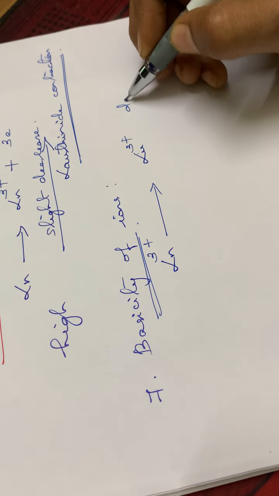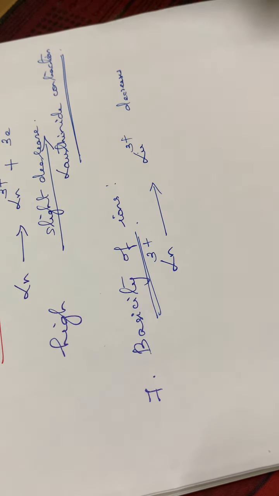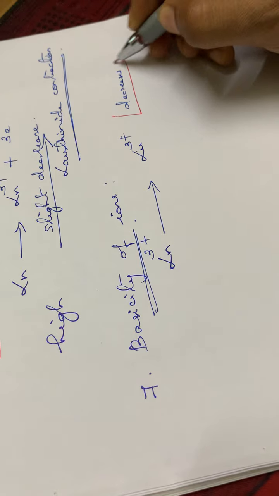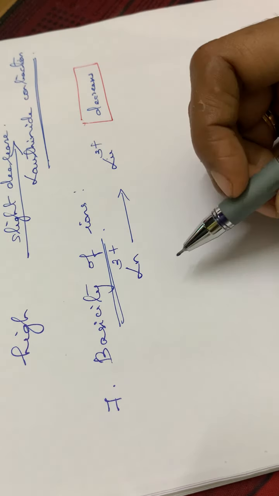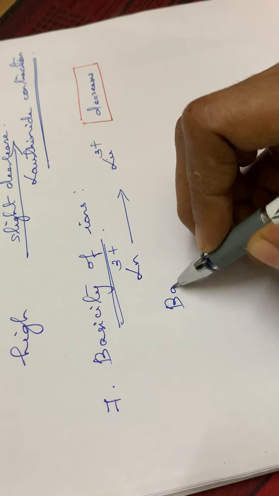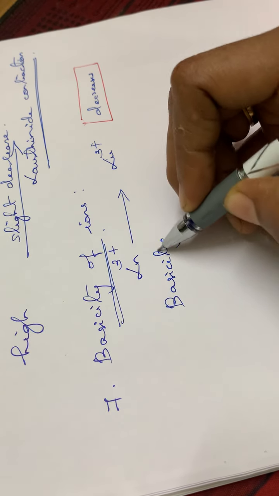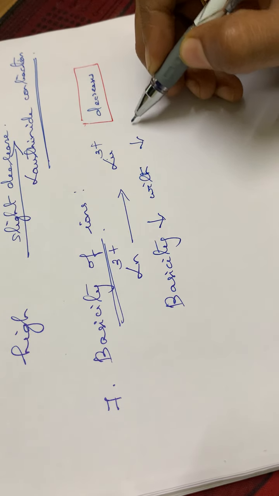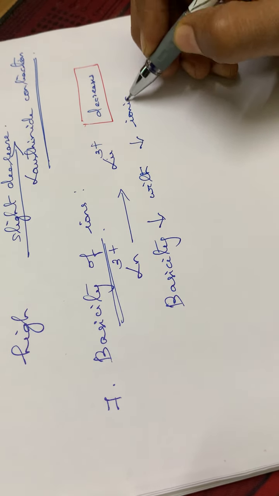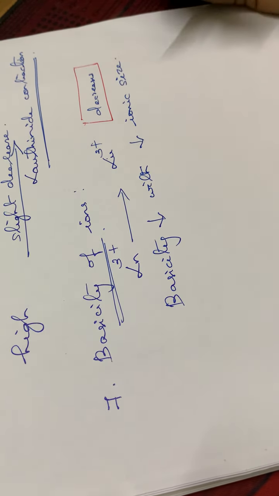So basicity decreases, and oxidation potential also decreases from lanthanum to lutetium. And usually the trend is that basicity decreases with decrease in ionic size, isn't it? Basicity decreases with decrease in ionic size.